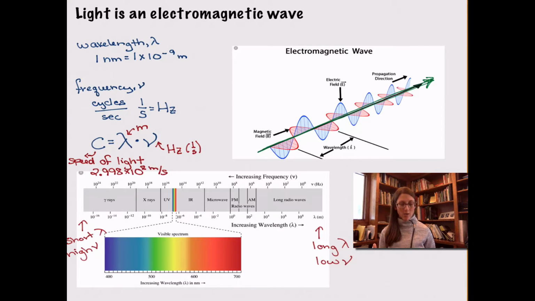It's worth pointing out that in the electromagnetic spectrum, we have gamma rays, X-rays, UV, visible, IR, microwaves, and then many different variations on our radio waves. Visible light, the part that interacts with our eyes, is a very small sliver of this. And so as we talk this year, we're going to talk about how each of these different types of light interacts with the matter around us and what we can use them to learn about that matter.